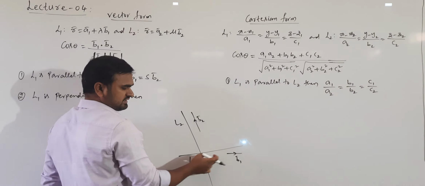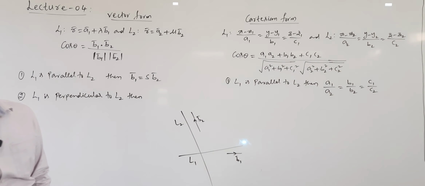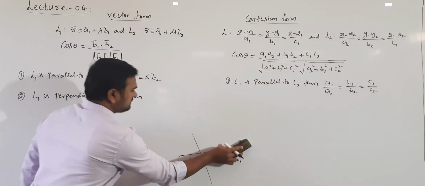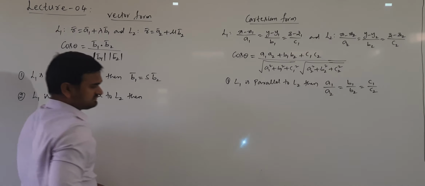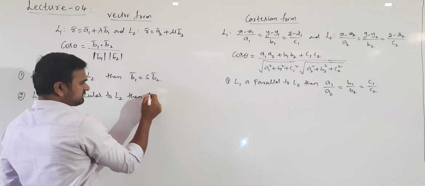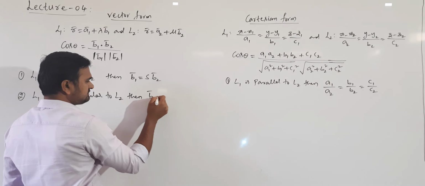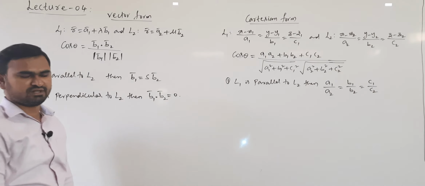Now lines are perpendicular means their parallel vectors are also perpendicular. B1 is perpendicular to B2. So what are the parallel vectors here? b1, b2. Now b1, b2 are perpendicular means their dot product should be 0. b1 dot b2 should be 0, right?